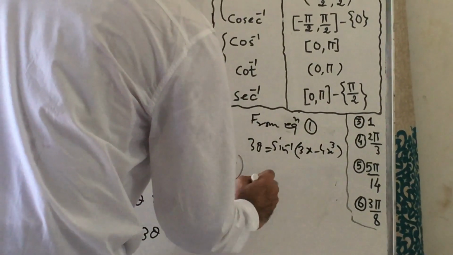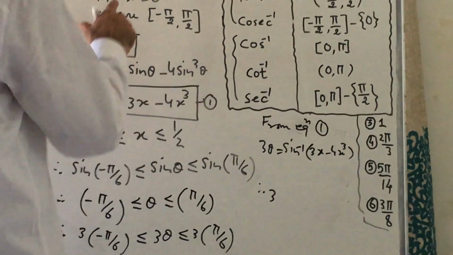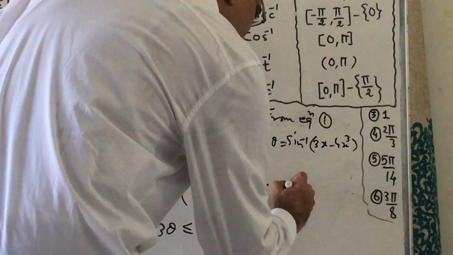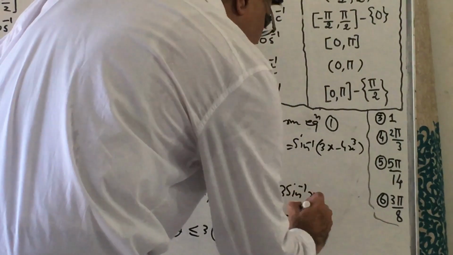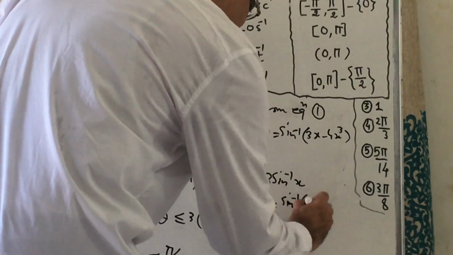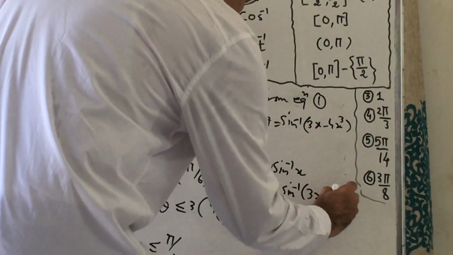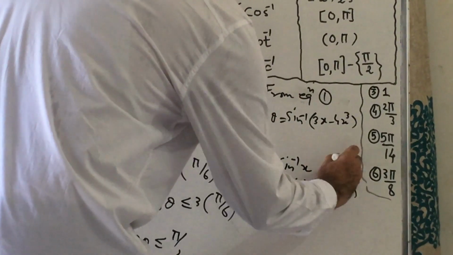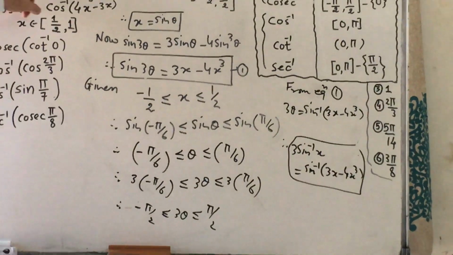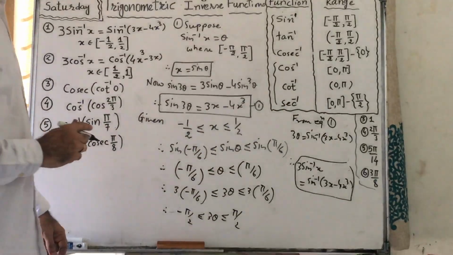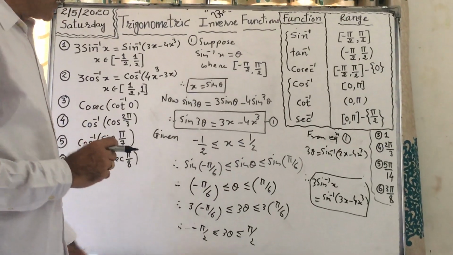Putting the value of theta, 3 into sin inverse of x equals sin inverse of 3x minus 4x cube. Okay, hence proved. 3 sin inverse x equals sin inverse of 3x minus 4x cube.